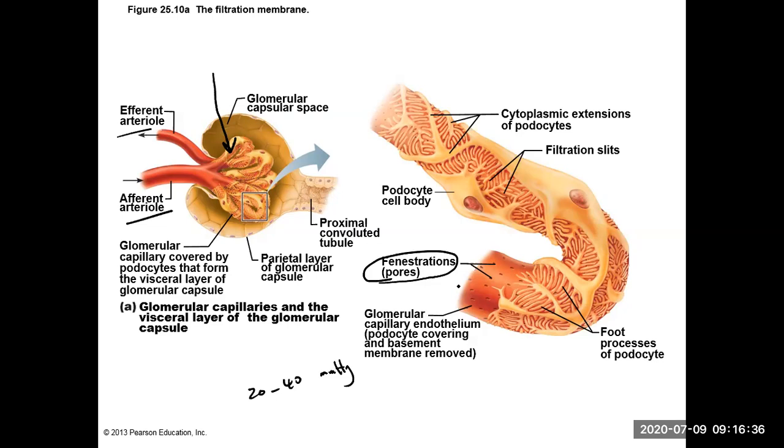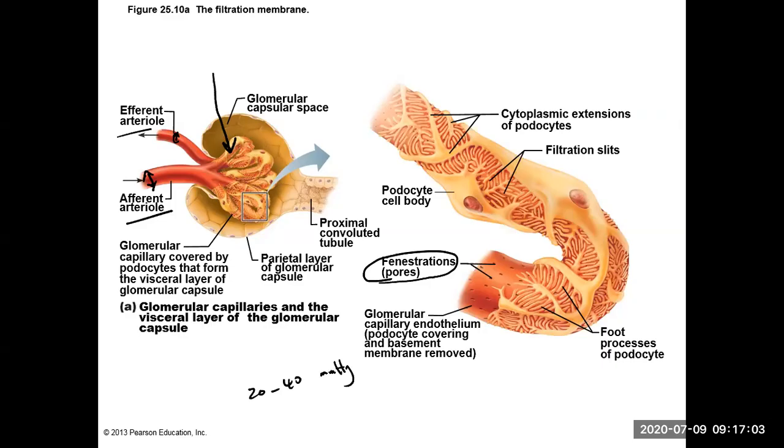They have tiny little holes and are specialized for filtration, so they can hold up more pressure. On the other hand, the afferent arteriole is wide, while the efferent arteriole has a smaller diameter, so the pressure is a little higher because there is more resistance to flow.